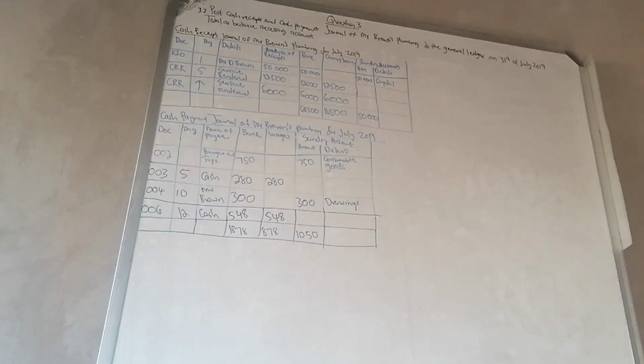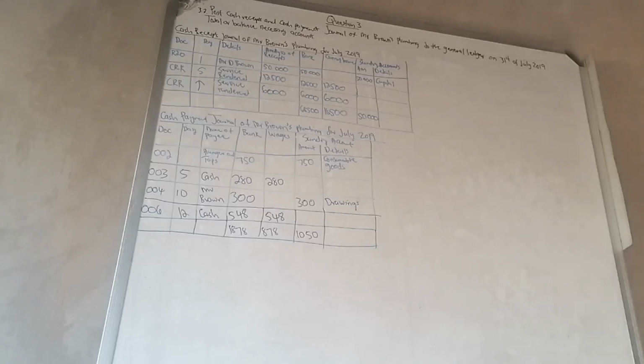Payments refer to all the checks drawn against the current bank account of the business. Now, this is very important. Payments refer to all the checks drawn against the current bank account of the business.